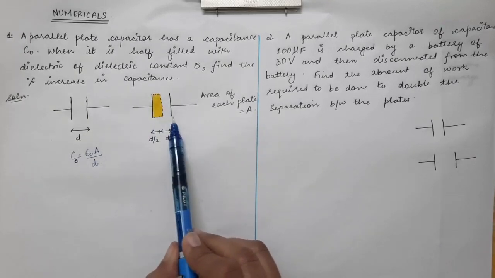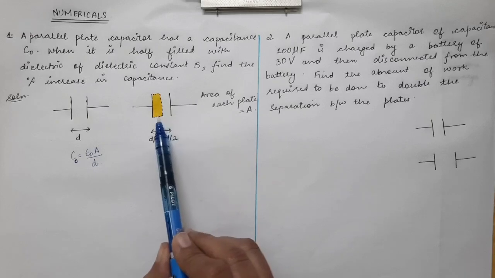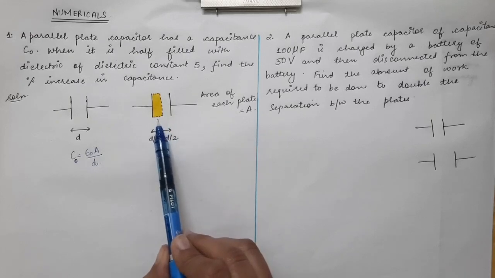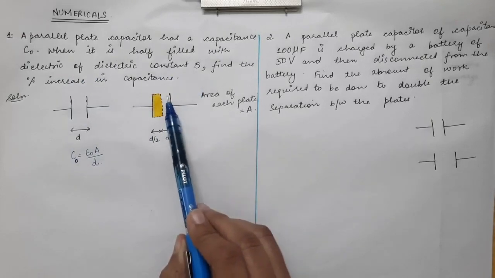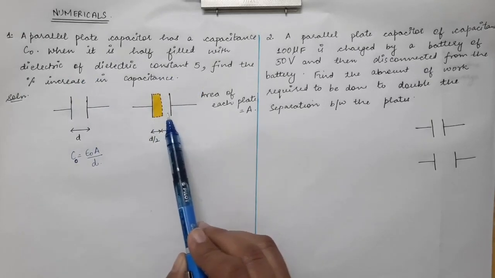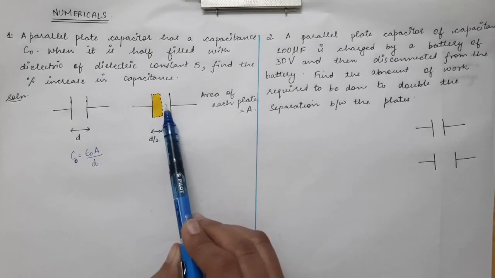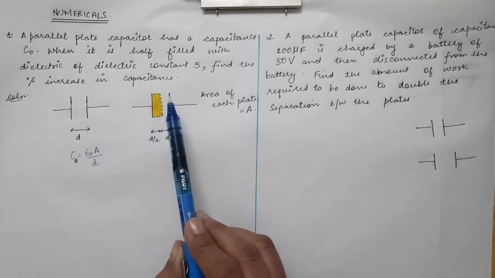This capacitor is half filled with a dielectric which has a dielectric constant 5, and half of the space between the plates is still empty. So this can be considered to be made up of two capacitors.